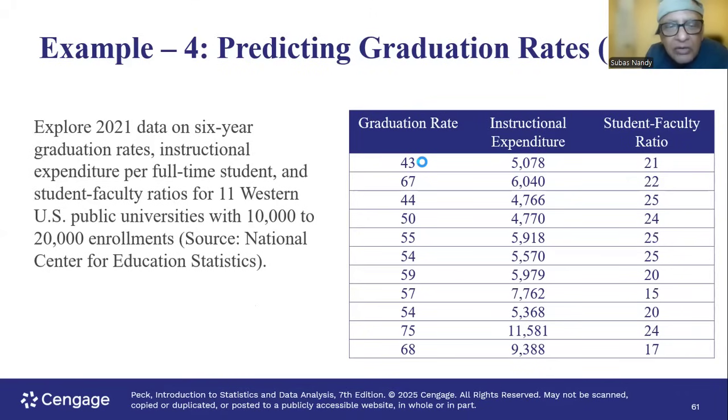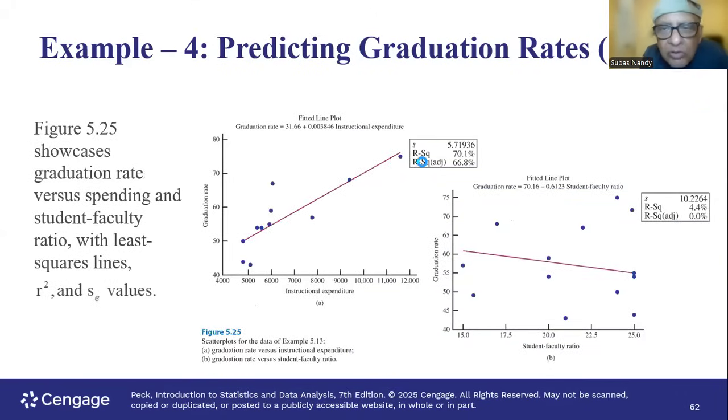And the least square regression line is y equal to 0.0038 times x plus 31.66, much like what they have on the. So 0.0038 times x is the instructional expenditure, x plus the intercept is 31.66.